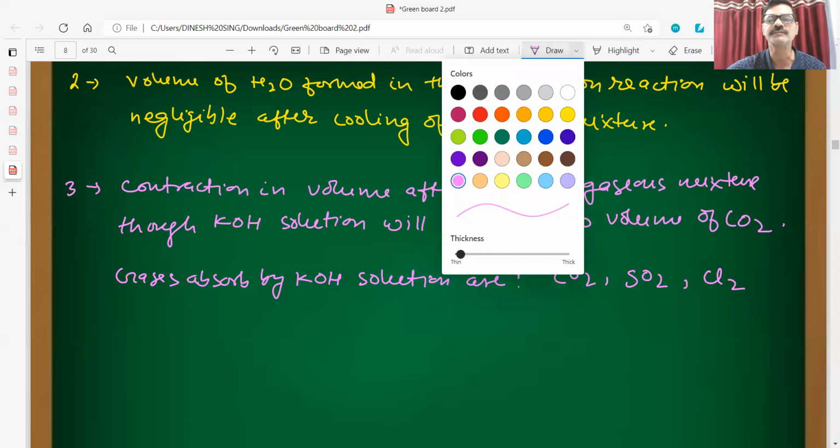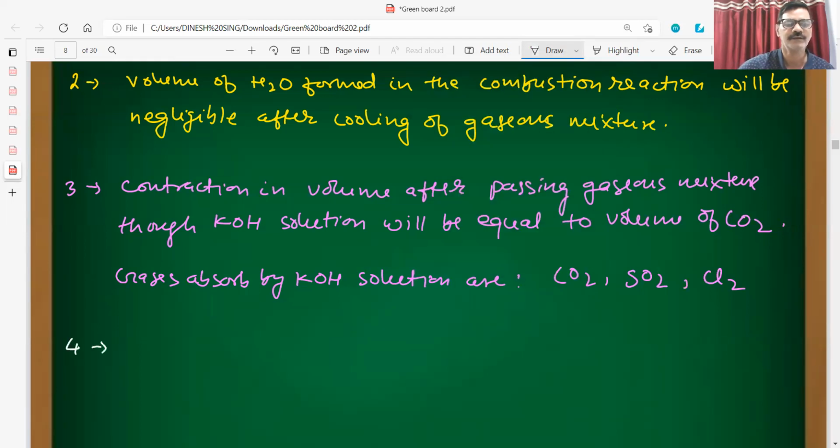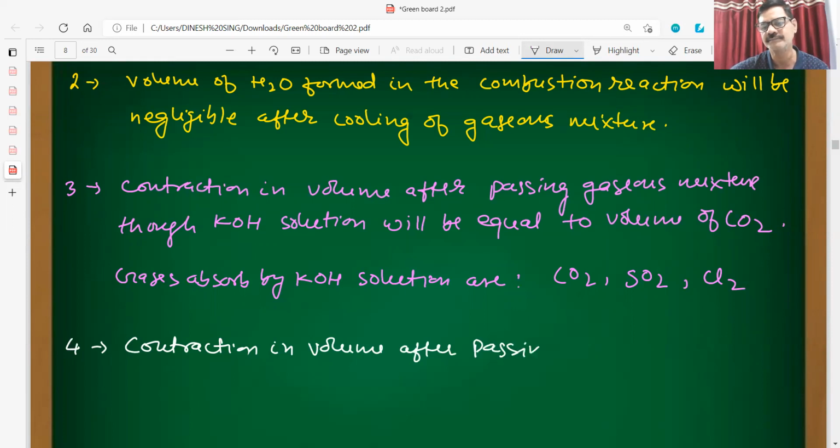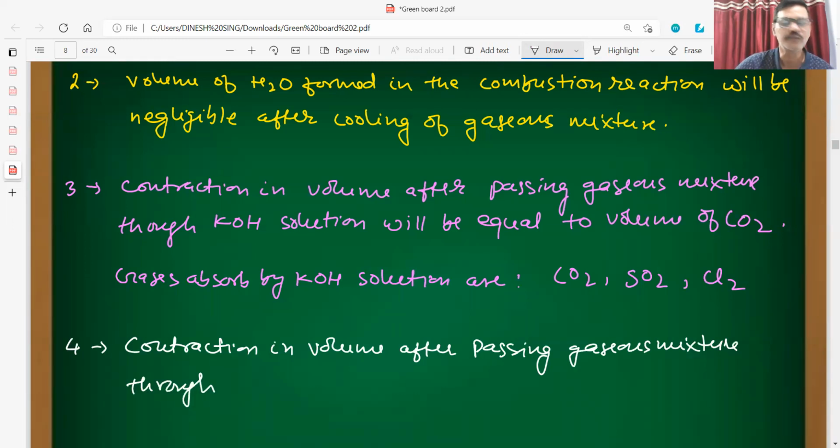The fourth point is contraction in volume after passing the gaseous mixture through pyrogallol, or we can say alkaline pyrogallol. This is an organic compound.